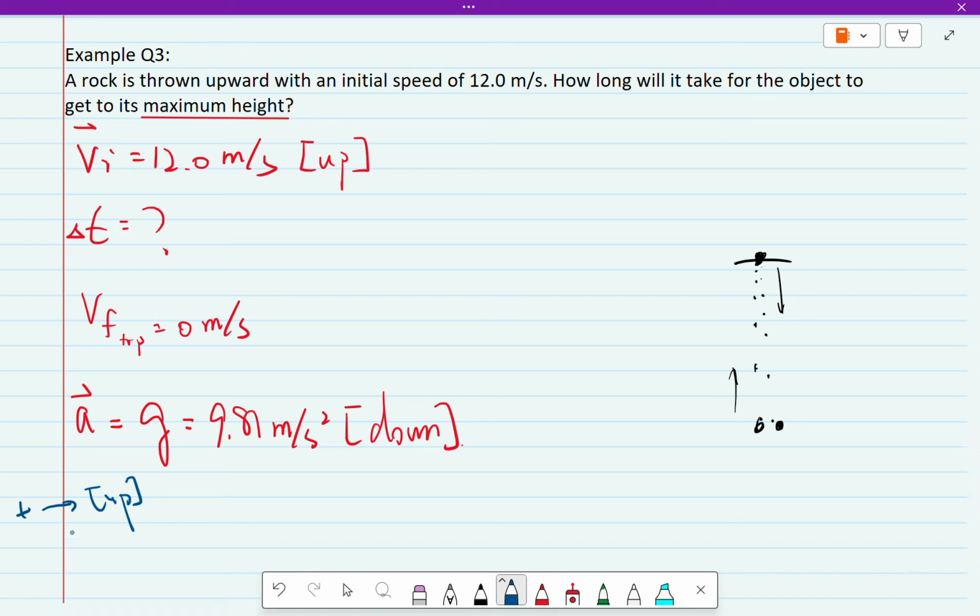That's good enough. So if we are looking for delta t, we still want to start by isolating variables. So what we're trying to do is first multiply delta t to both sides to definitely get rid of the denominator first.